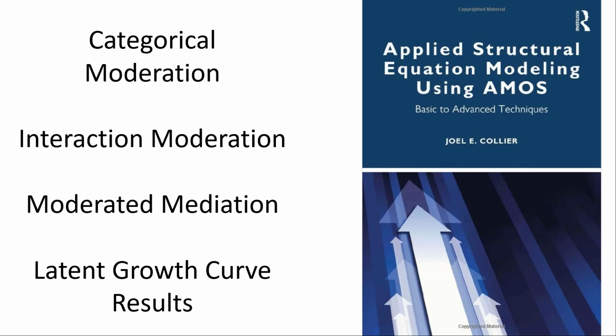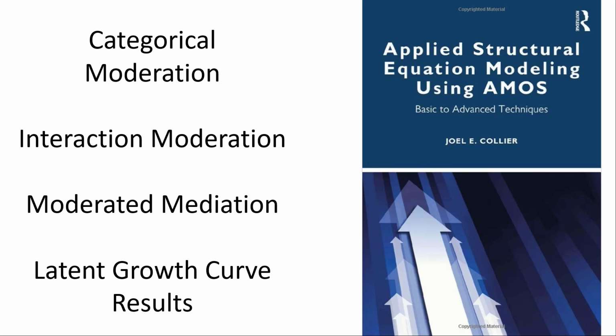Now, there's a lot more information on how to present your results, especially when it comes to moderation. Moderation can be a little difficult because you've got different ways to assess moderation, from interaction terms to actual categorical moderators. And it gets even more complicated when you're talking about moderated mediation, which has the index of moderated mediation, which determines if the moderator is actually moderating the complete indirect effect.